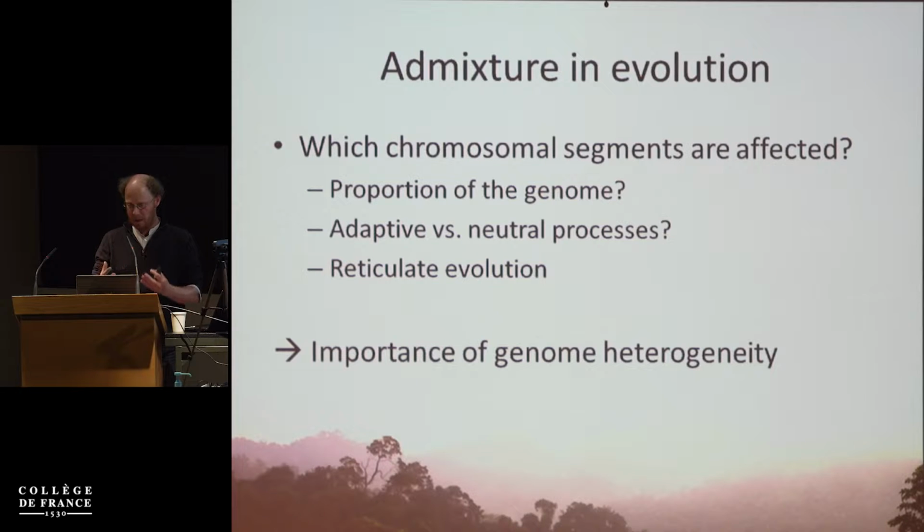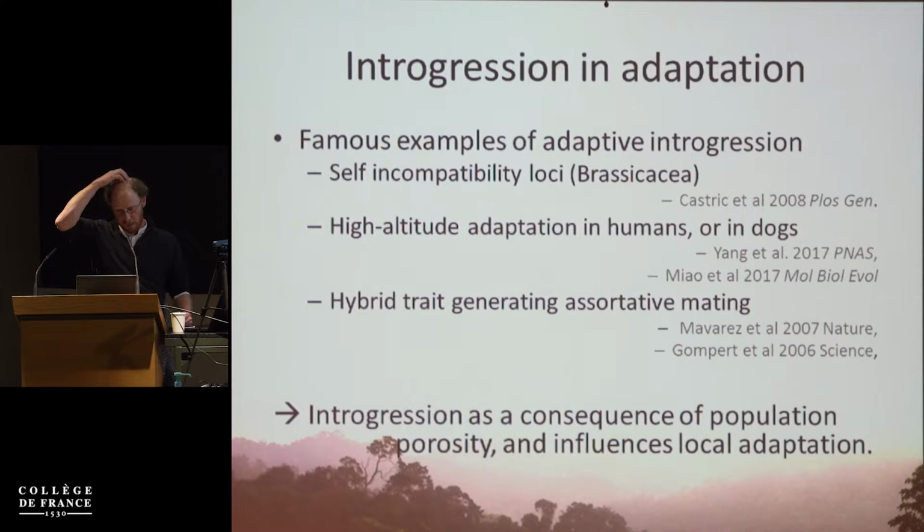But all of these processes involve a heterogeneity between the loci, and we don't usually try to consider genomes as a whole in a very multi-locus view. So we usually try to find the loci which are particularly influenced by admixture or have a particular role in admixture. So introgression is one facet of admixture, when you have one locus coming into and invading, at least partially, a different population.